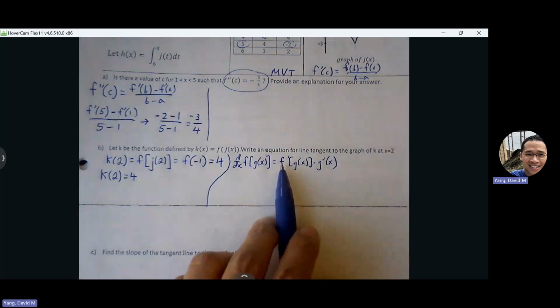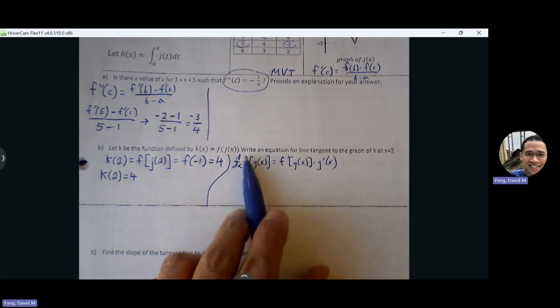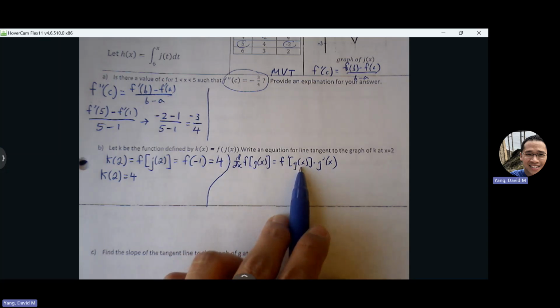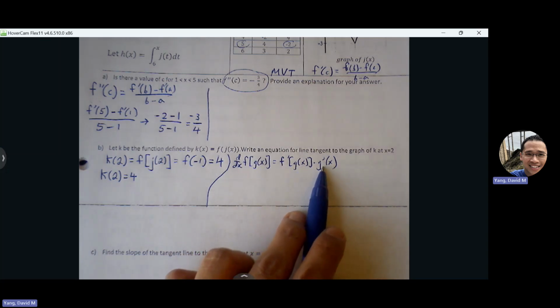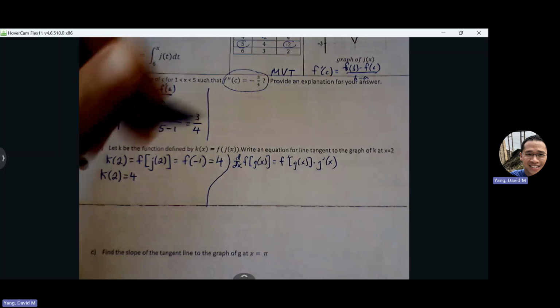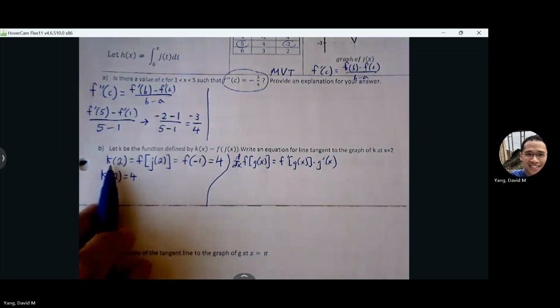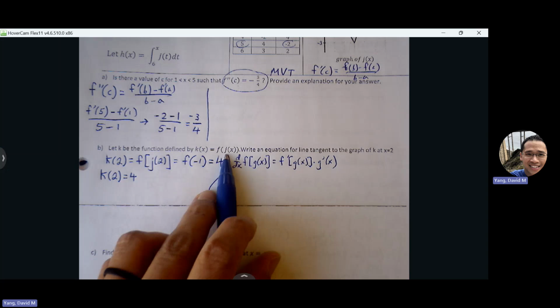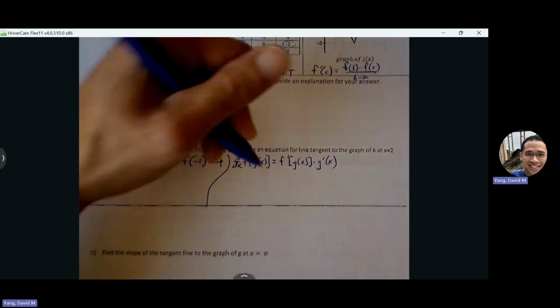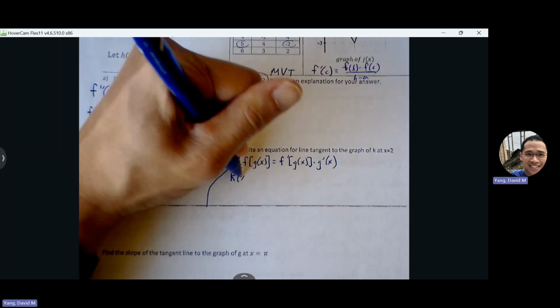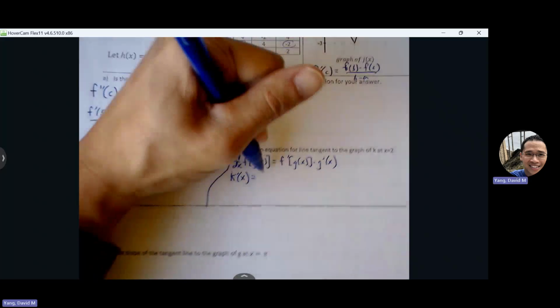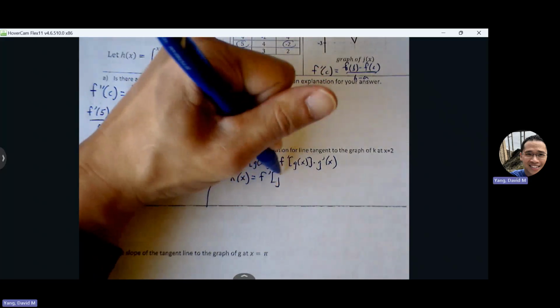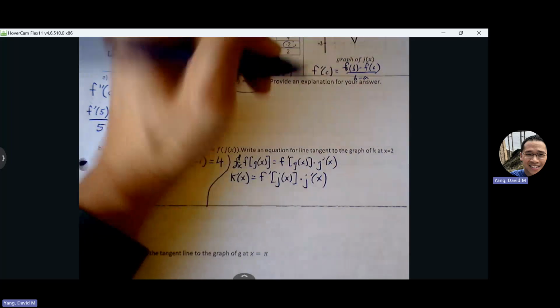So the rule for chain rule is we take the outside derivative, whatever the outside function is, build that derivative, keep the inside the same, and then multiply by the inside derivative. So in this case, k prime of x is equal to f prime of j of x times j prime.